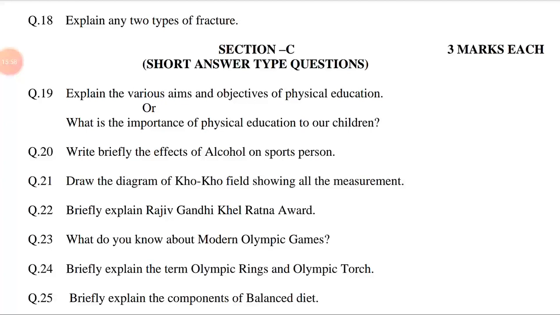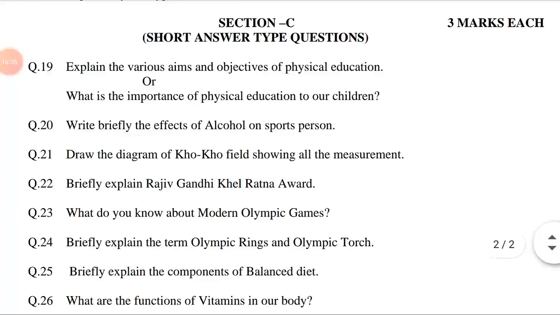The answer may be: first of all, write a few words about fracture, then its types. The two types of fracture are, such as, greenstick fracture. Explain it in 2 or 3 lines. Second, simple fracture. Explain it in 2 or 3 lines, etc.